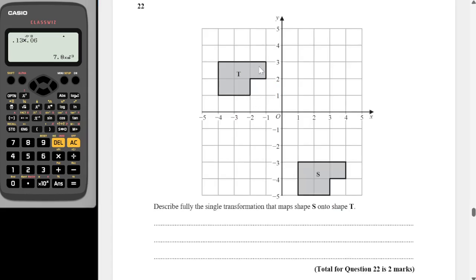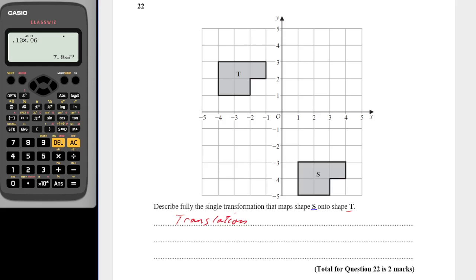Question 22, describe fully the single transformation that maps S onto T. So important here, S onto T, so I'm going from here to here. We've obviously not changed the orientation, all we've done is moved it, so that's going to be a translation. And then we just need to give the vector.